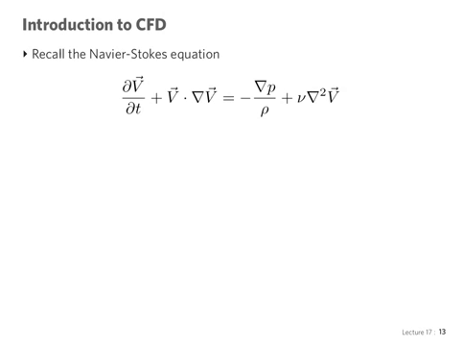Let's move on. So recall that in the Navier-Stokes equation, which looks like this in the vector form, we have, well, recall that this term is our local acceleration, the unsteady term. Recall this is the convective acceleration.